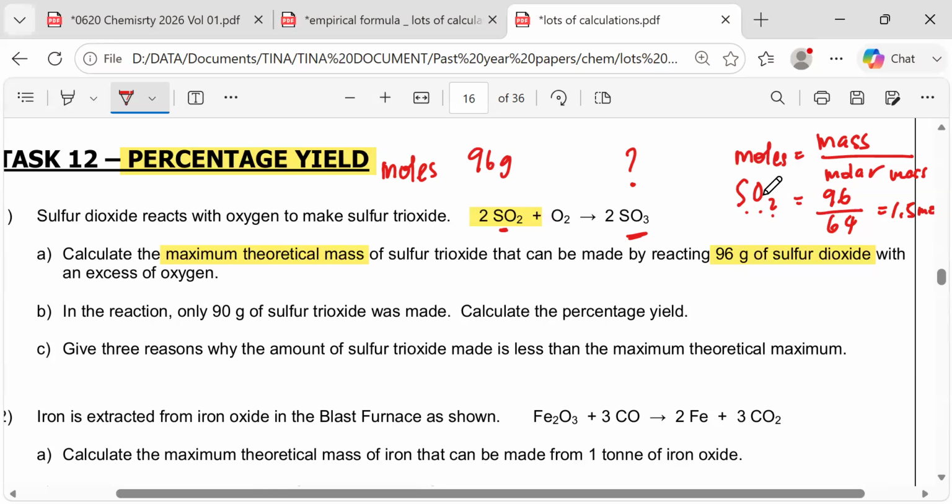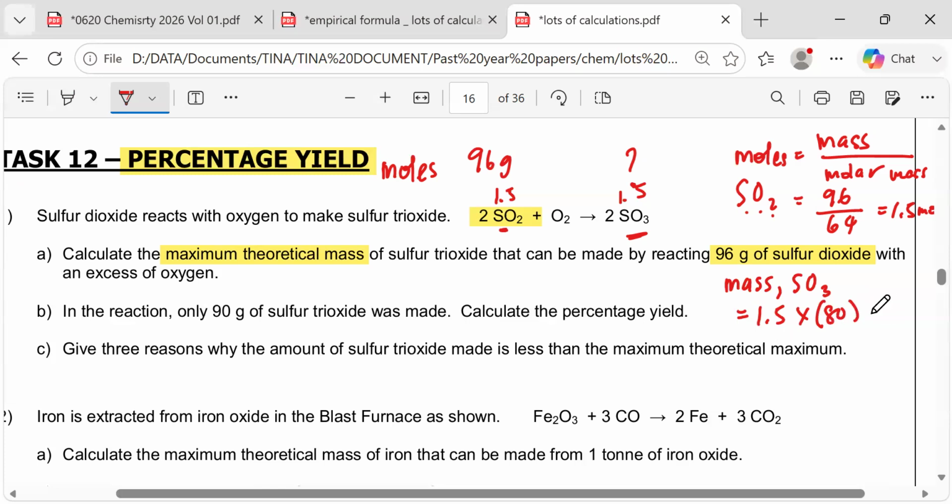I didn't look at the periodic table. You have to look at the periodic table. Don't simply memorize it, no need. So if this is 1.5, this is also 1.5, right? So the mass of sulfur trioxide is 1.5 multiplied by sulfur 32, oxygen 16 times 3, which is 80.